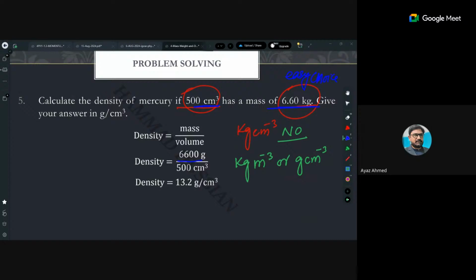So 6.6 into 1000 gives 6600 grams. Now you use this and convert it to the final answer. So your answer is 13.2 grams per cubic centimeter.